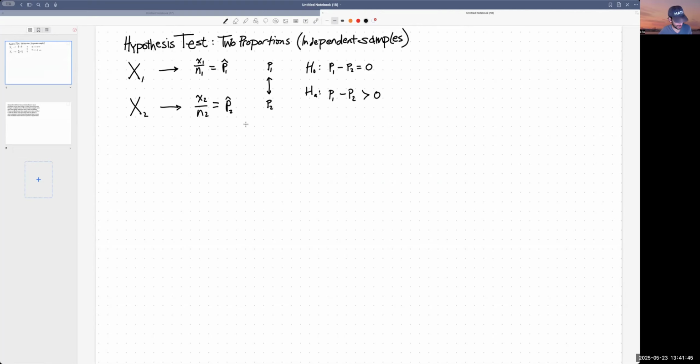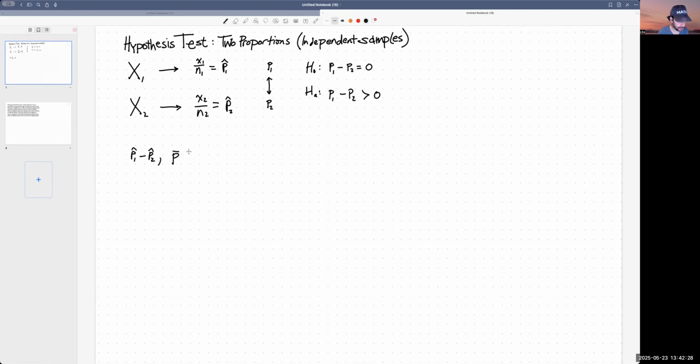You remember, in the background, we're creating a new distribution from the differences in these sample proportions. In other words, a distribution formed by taking the difference between sample proportions. For this distribution, we're going to have something called the pooled proportion that we use when we compute our test statistic.